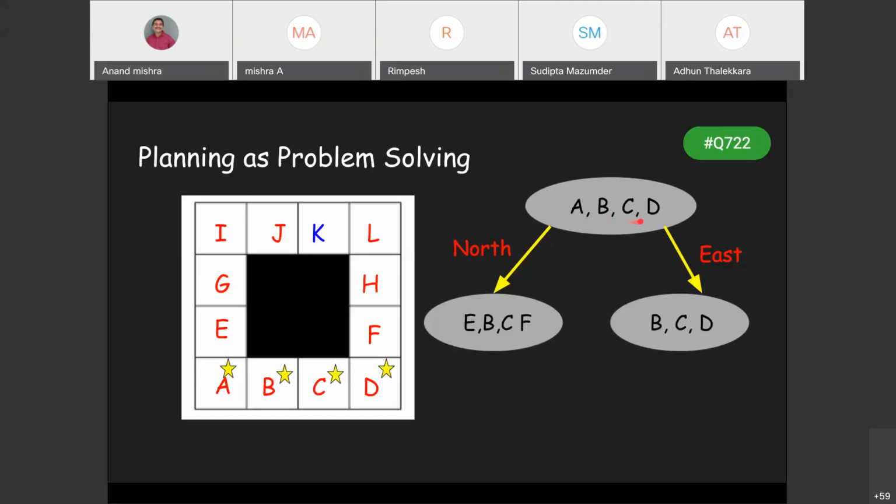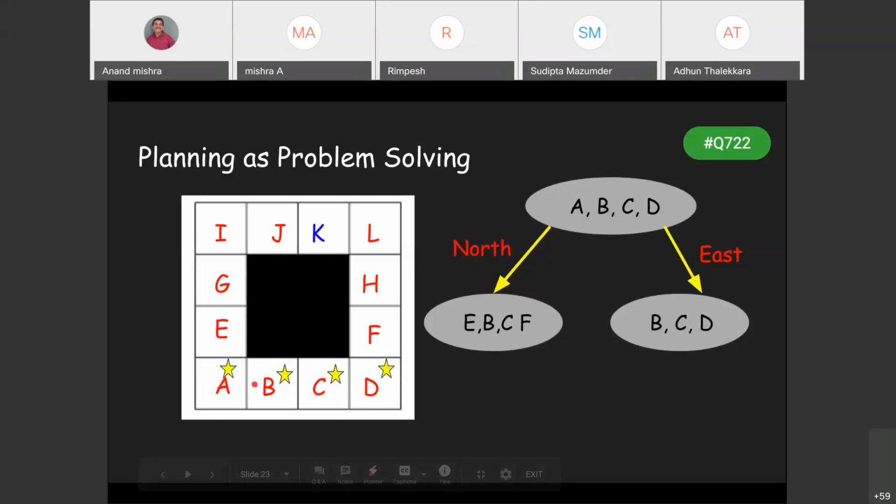So A, B, C, D we are in, and if I move to north, what happens? This is interesting. I can move to north from A and reach E. B, I cannot really move to north, because I'm going to hit the obstacle.